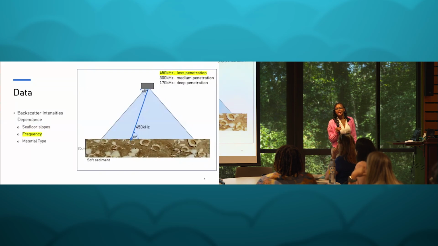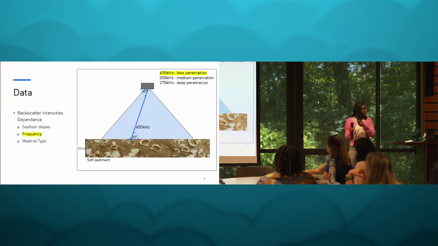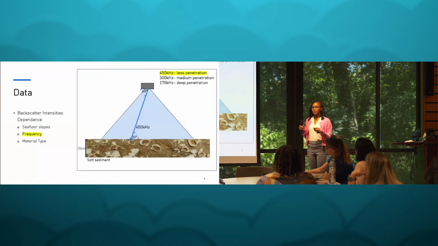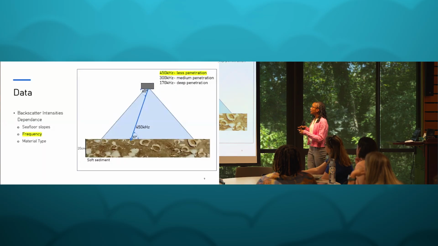Next, the other factor is the frequency. So here we see 450 kilohertz frequency, and it basically shows less penetration, which means that the sonar is showing the whole seafloor, but it's not showing it as much as the other frequencies will show it. And next we have 300 kilohertz.